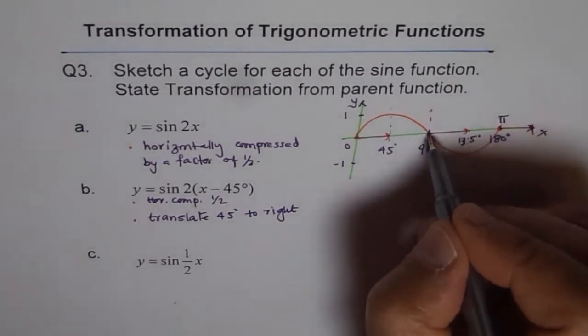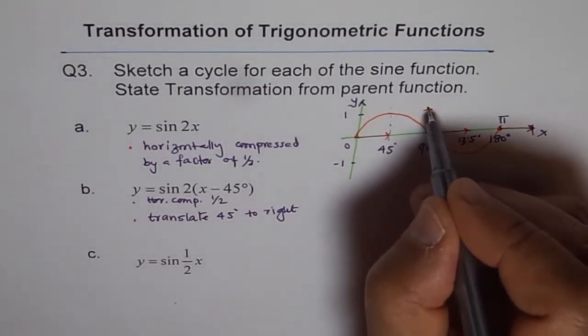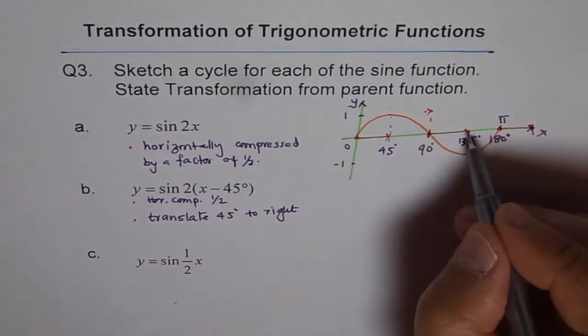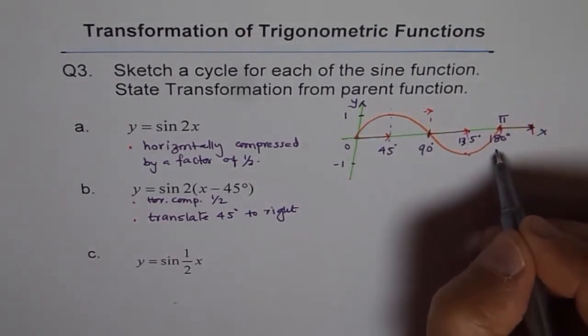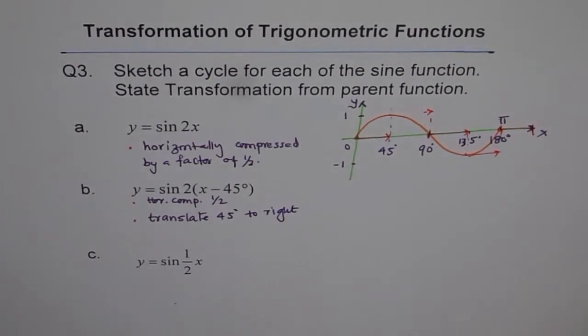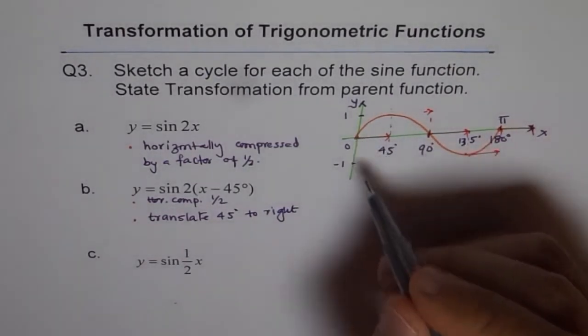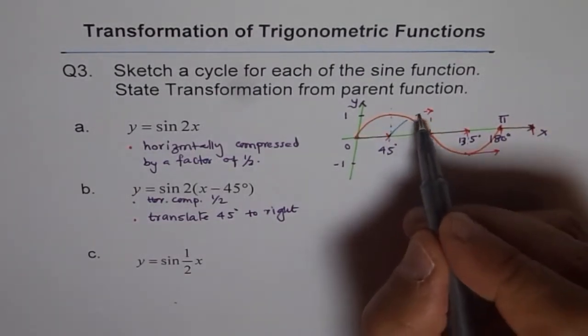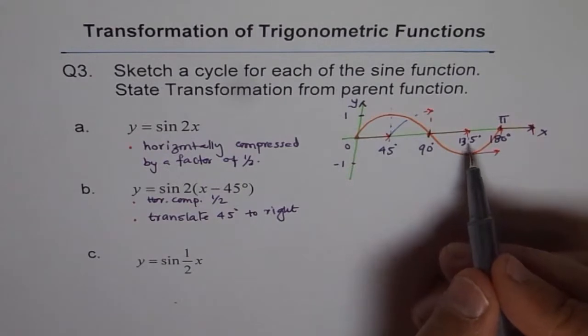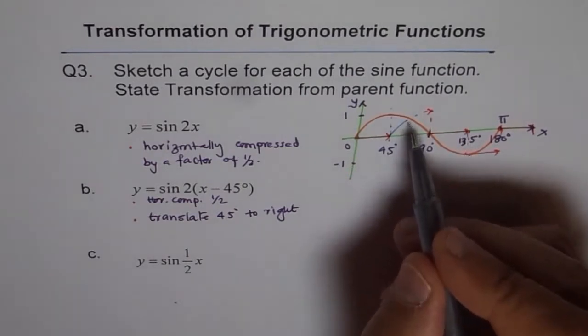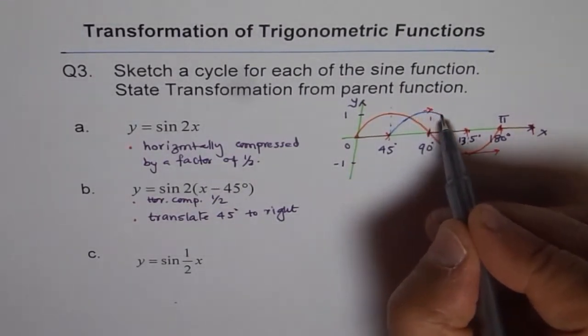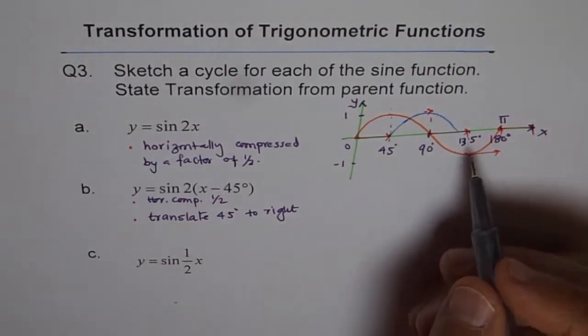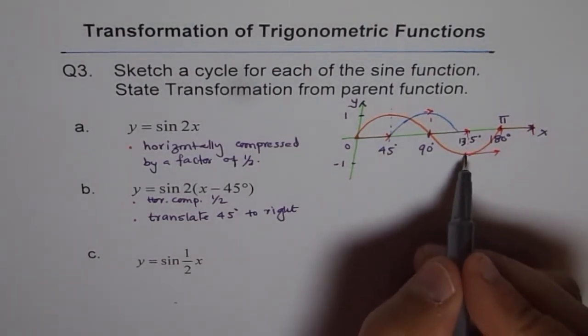Similarly I will move my peak to this point, which is 45 here. Do you see how I have moved my graph? Basically, instead of starting from 0, it starts from here, and we get a peak here, and it goes through my 0, which is here.